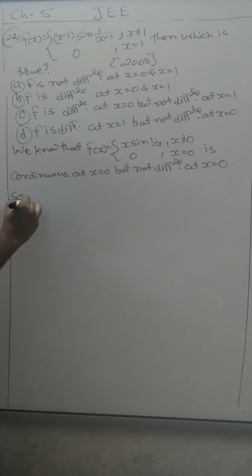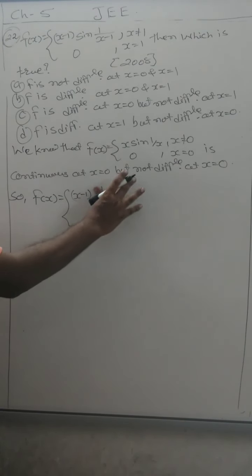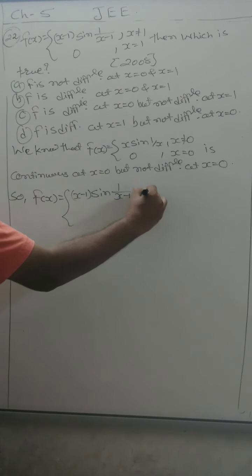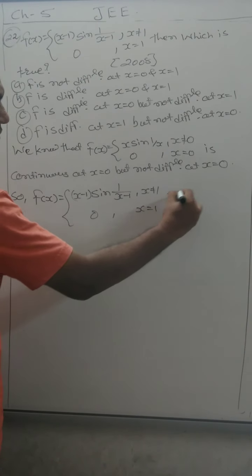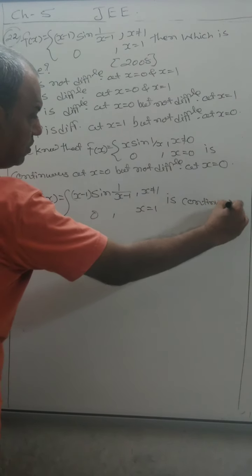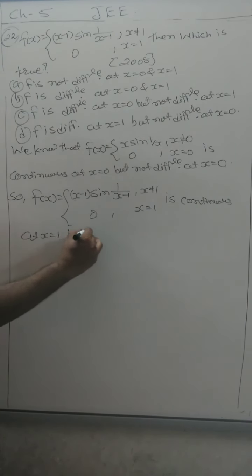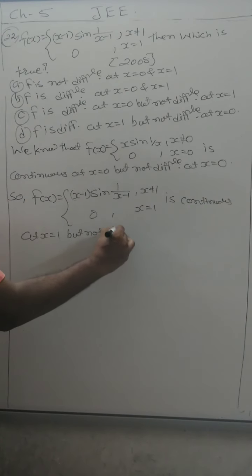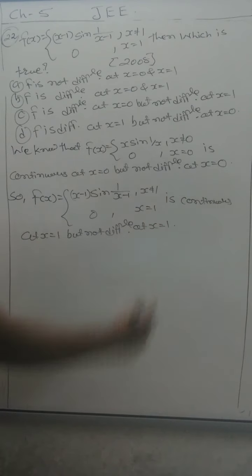So f(x) equal to (x minus 1) sin(1 upon x minus 1) where x is not equal to 1 and 0 for x equal to 1 is continuous at x equal to 1 but not differentiable at x equal to 1.